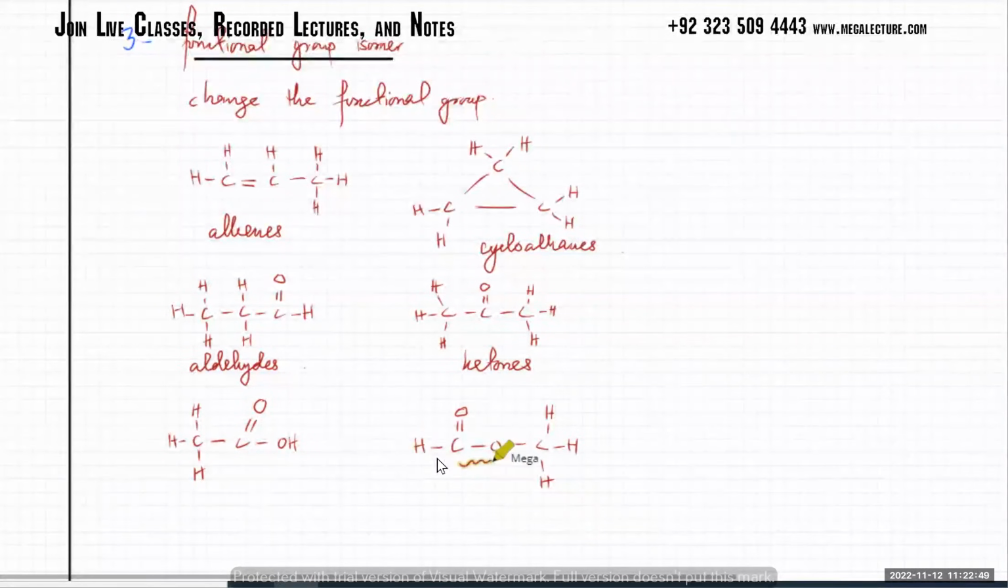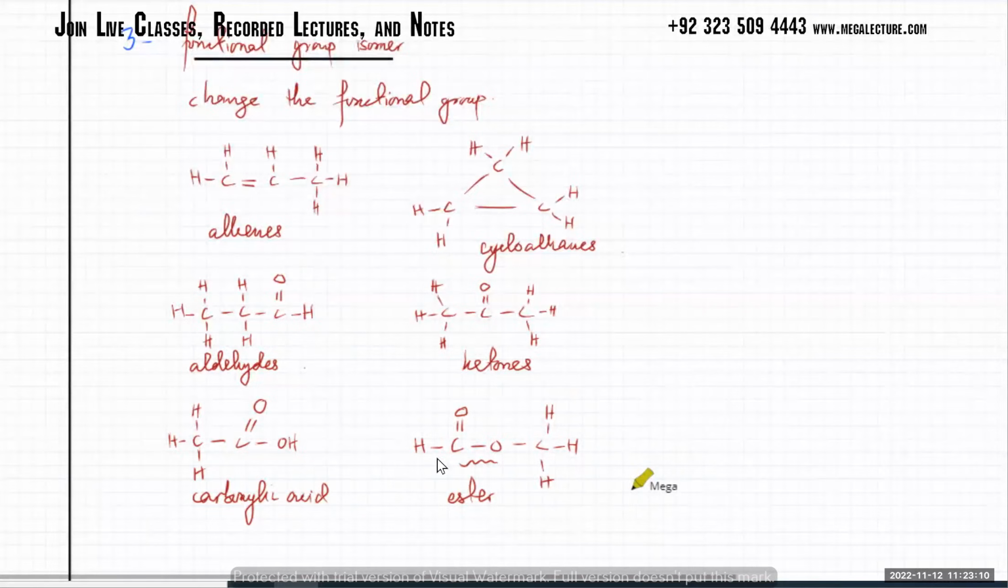So a carboxylic acid, ethanoic acid, can be an isomer of an ester. These two can be isomers of each other. So you can change the functional group as well.